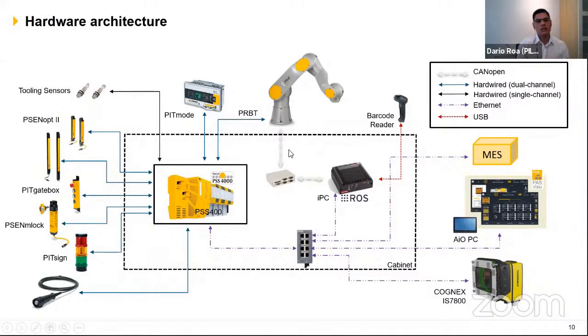But most importantly, as you have seen, the safety of the whole application is managed by our PSS 4000 safety controller. Thanks to this architecture, all of the hardwire connections, both single and dual channel, are connected to our safety PLC. That means this safety PLC is made for this task already, and we don't need to work harder to make it compliant.